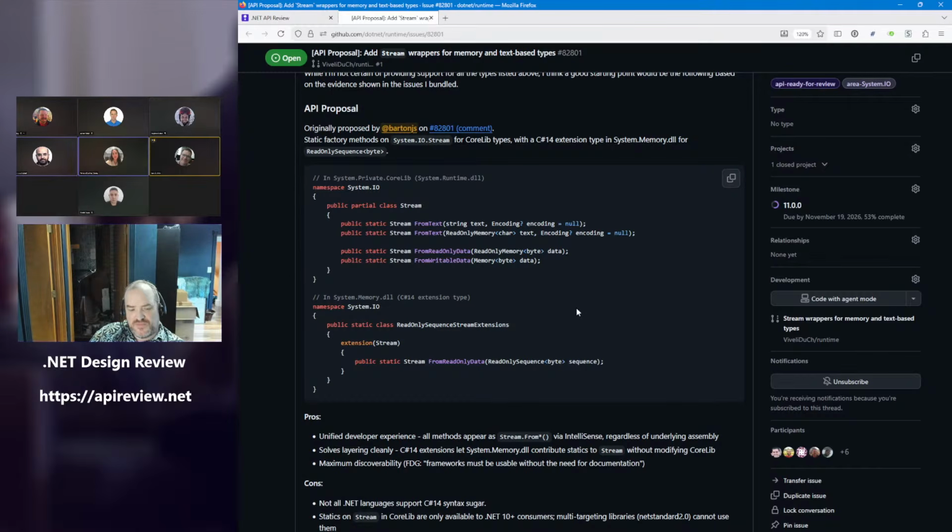Also to investigate adding a constructor overload to MemoryStream for the byte data cases, which David already investigated, showing non-trivial performance trade-offs. So that was discarded because of that.